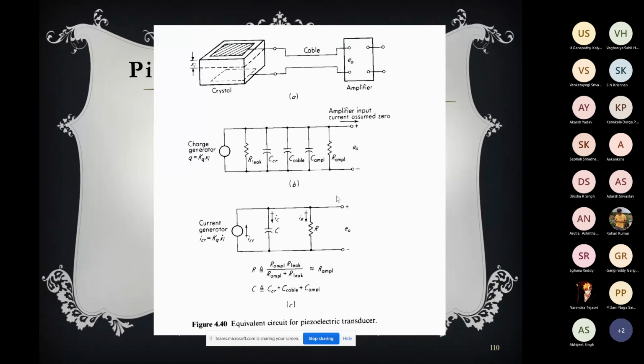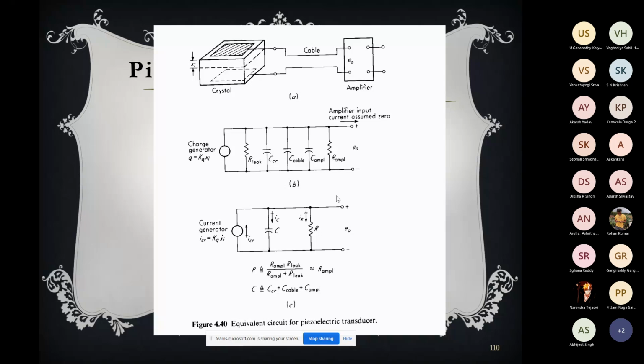Okay, here you know that R leakage is the leakage resistance, and kq is the proportionality constant whose unit is coulomb per meter, xi is the deflection whose unit is meter. So you have seen that for the above transducer, if a static deflection xi is applied and maintained, a transducer terminal voltage will be developed, but the charge will leak.